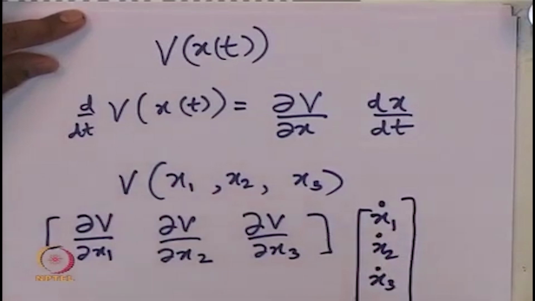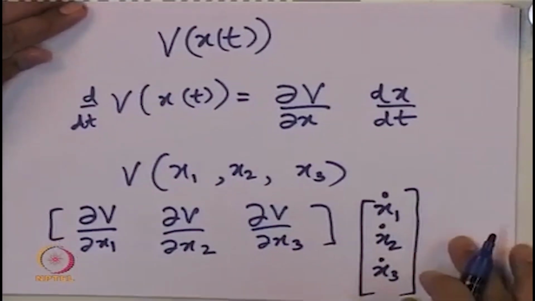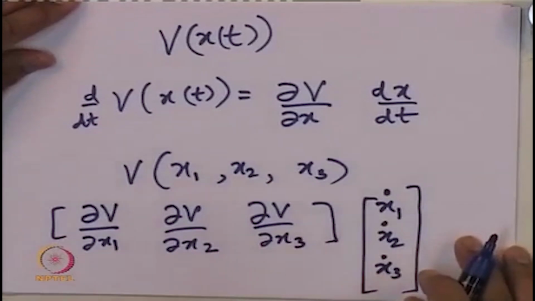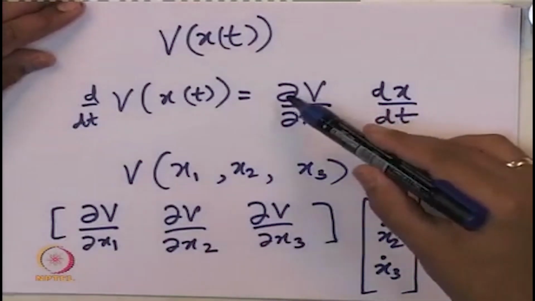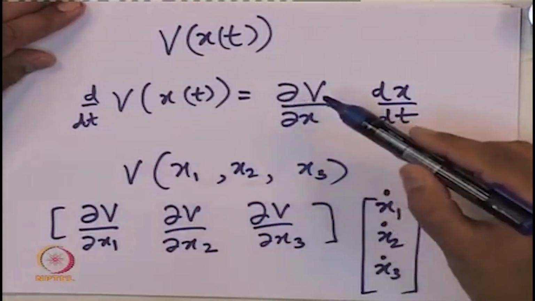So, throughout this course, the dot we will reserve for derivative with respect to time. If it is a derivative with respect to x or some other variable, then we will just write d by dx or del by del x of v.